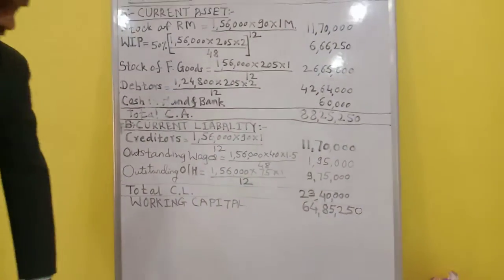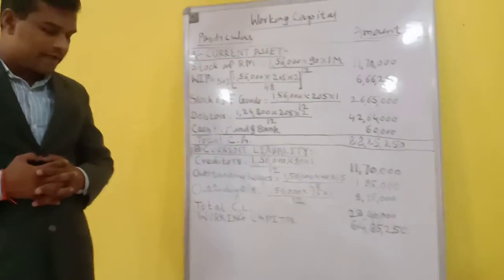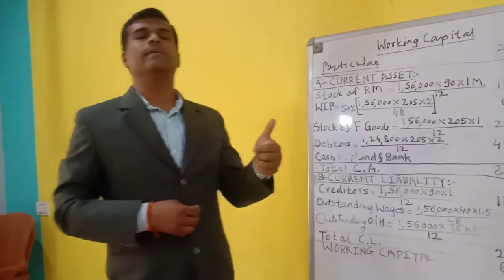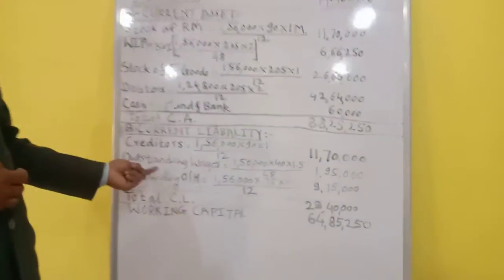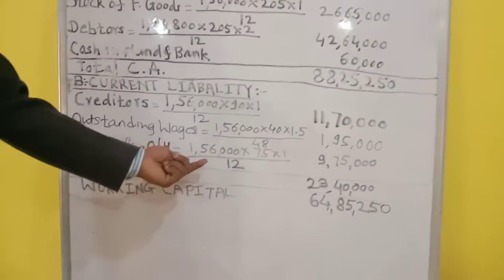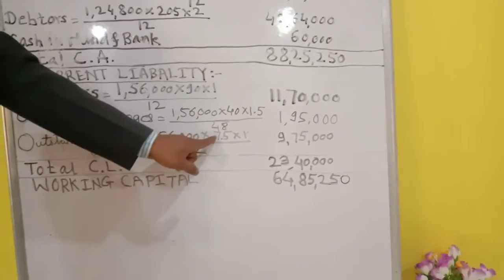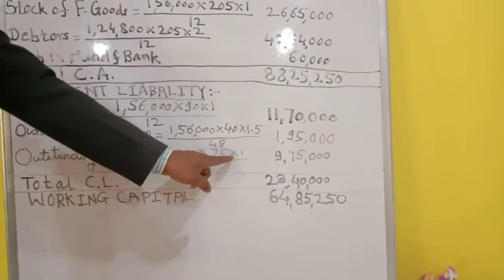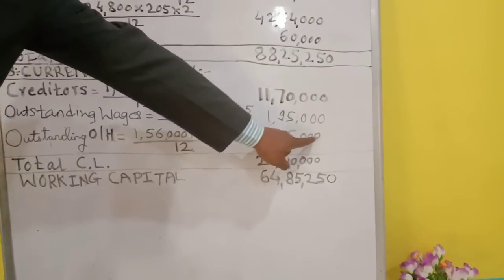Then the next calculation is point number 8, which is lag in payment of overheads for 1 month. So it is nothing but outstanding overheads. The calculation is 1,56,000 multiplied by 75, where 75 is the overhead cost, multiplied by 1 month divided by 12, and the answer is 9,75,000.